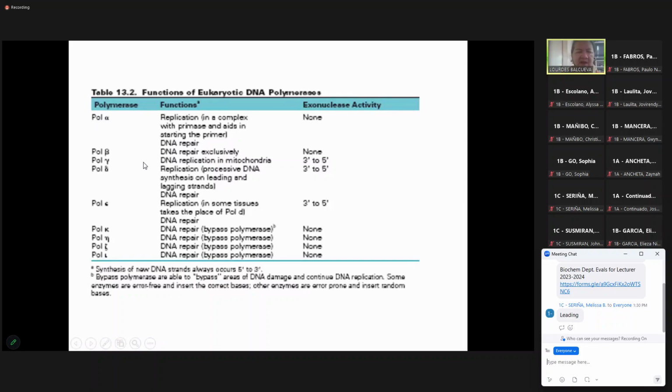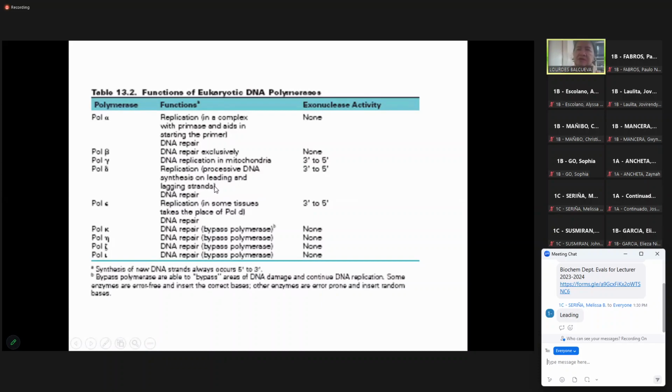While polymerase beta is solely for DNA repair. Polymerase gamma is for DNA replication in mitochondria alone. While polymerase delta is for DNA synthesis of the leading and or the lagging strand.